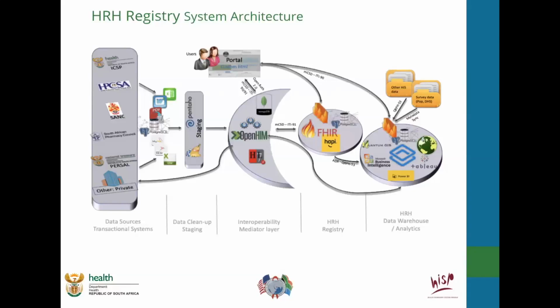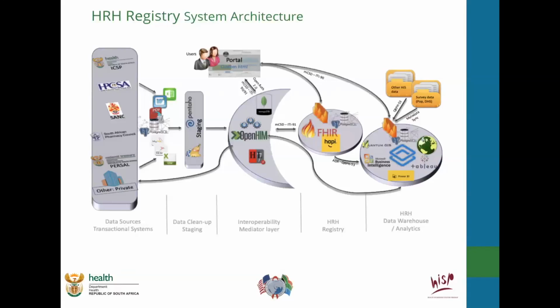But then also people from the ministry can log in, and then they can do larger queries. They can get back more information, so that they can get full lists of the health workers. But also, through that same interface, they could get reports, so they can see aggregate numbers on maps and things like that, to see where all the health workers are or where they might be lacking.